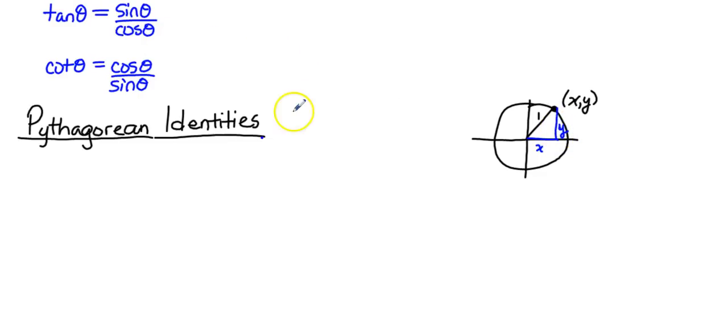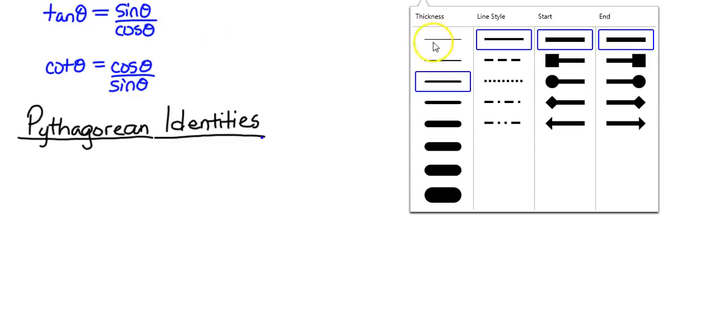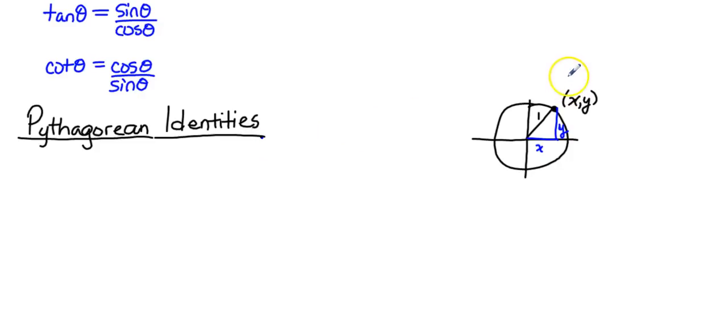From our prior learning, though, if I'm on the unit circle, it's not just an x, y ordered pair. That is actually cosine of theta, whatever that angle is, cosine of theta, sine of theta. This is a right triangle. So using the variables I see here, I could write x squared plus y squared equals 1 squared.